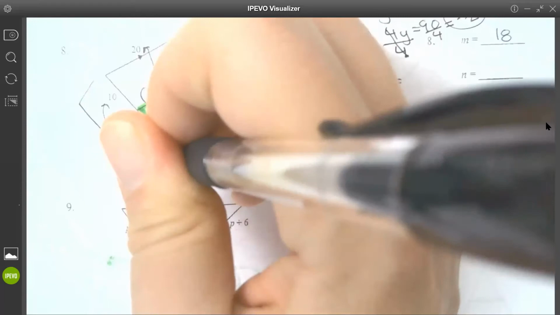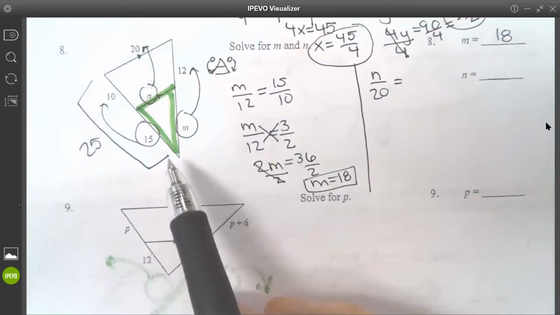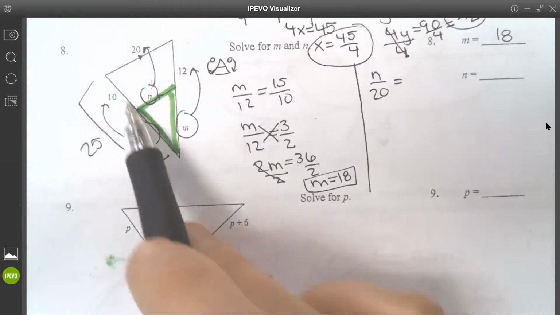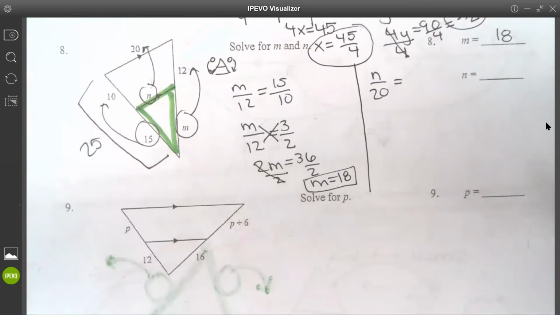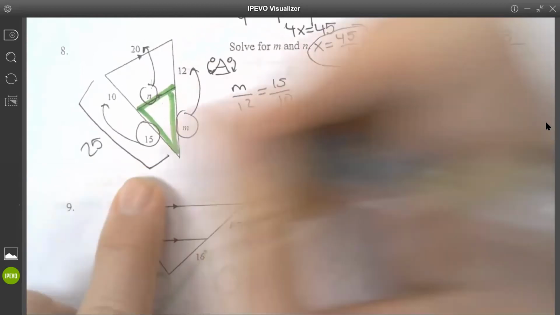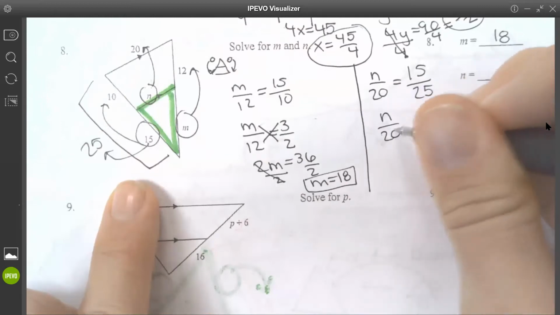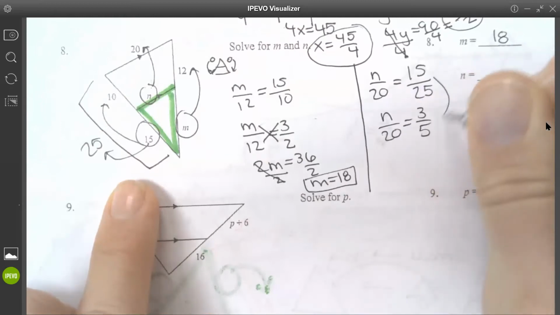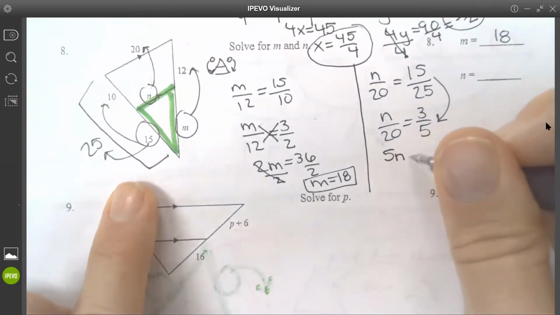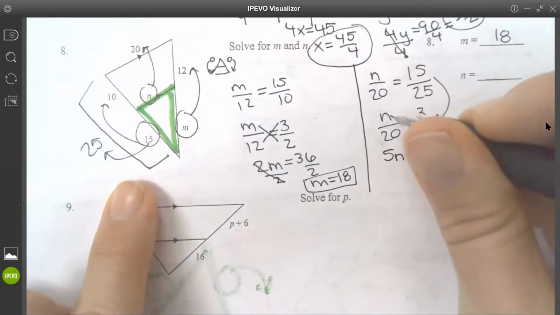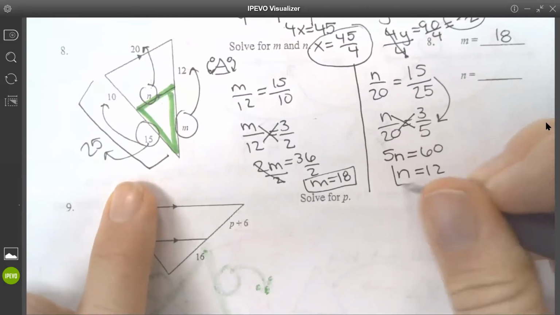So when I get to this bottom side, I have to go small triangle, big outer perimeter, here would be 25. So 15 to 25, over 20, equals 3/5, reducing that 15 over 25. 5n equals 60, cross multiplying. N equals 12.